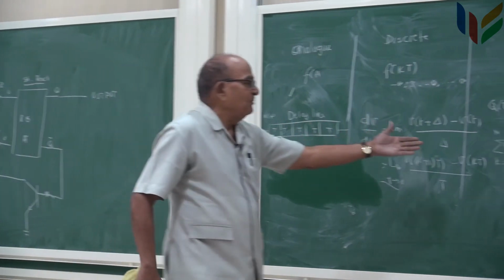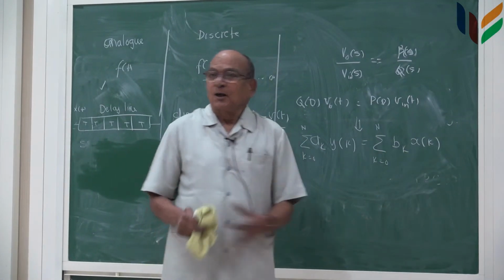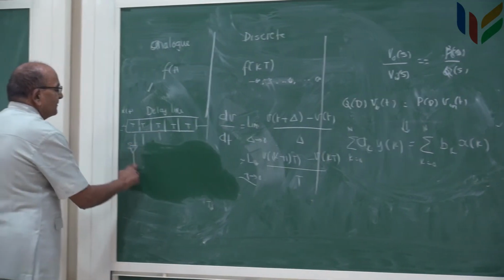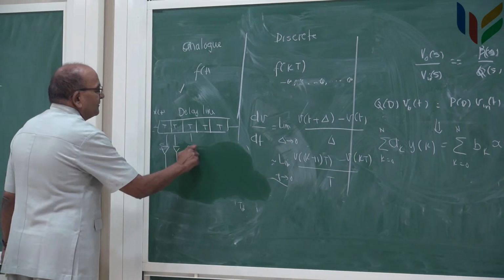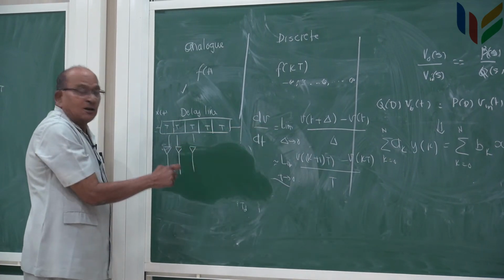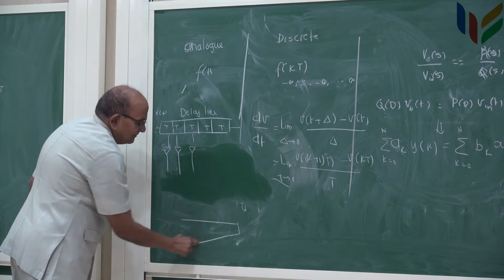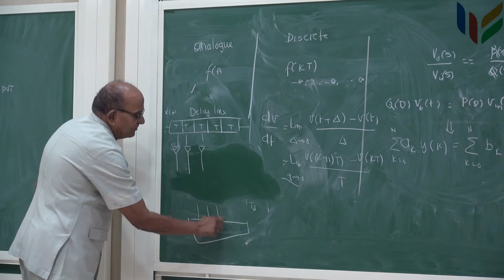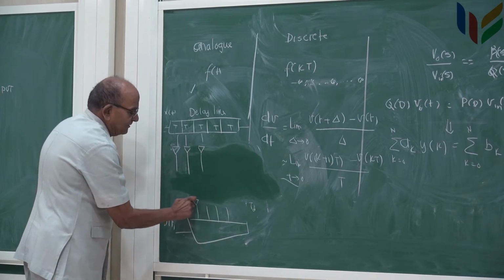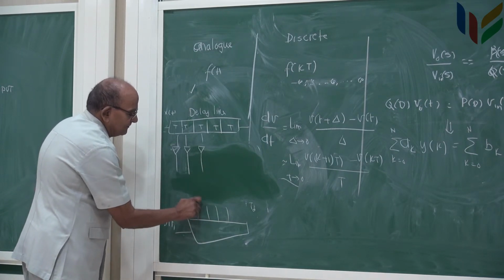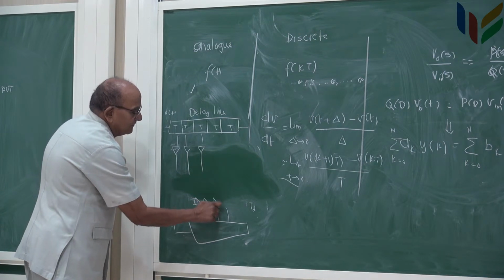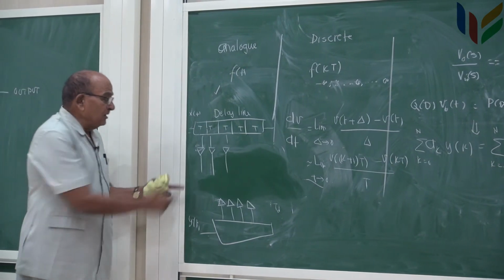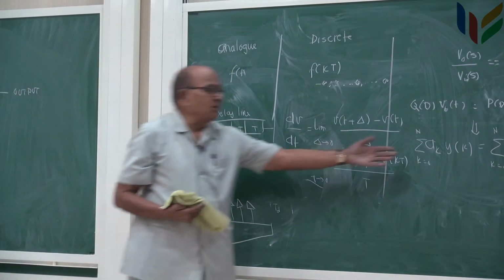So, samples are available to me like here, and now I just have to take these samples and put some weightages corresponding to this, and similarly another one for y of t, take the samples and put some weightages. This weighted sum is what you have on this side.